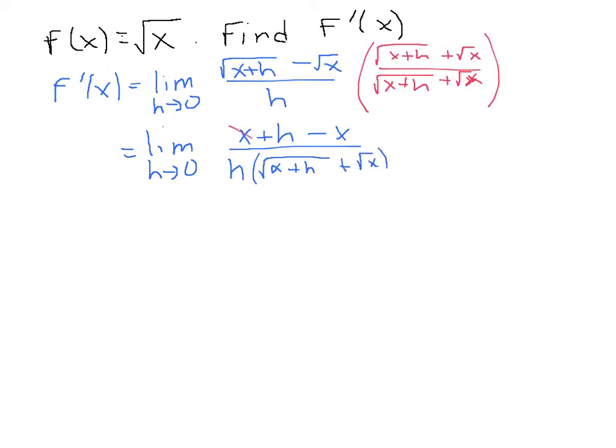Because what do we see happens? Well, the x's zero out. I have h divided by h, which leaves me with 1. So I'm really left with the limit as h approaches 0 of 1 divided by square root of x plus h plus square root of x.